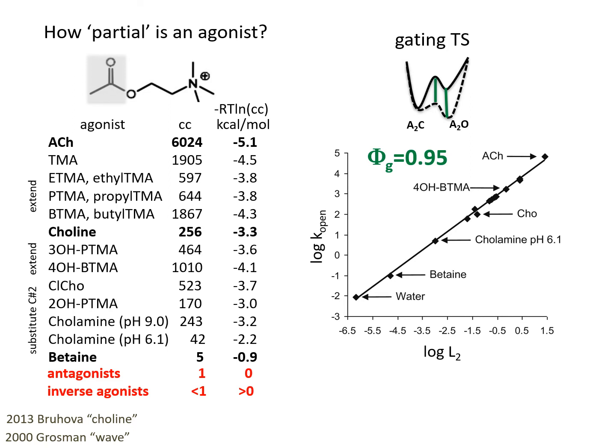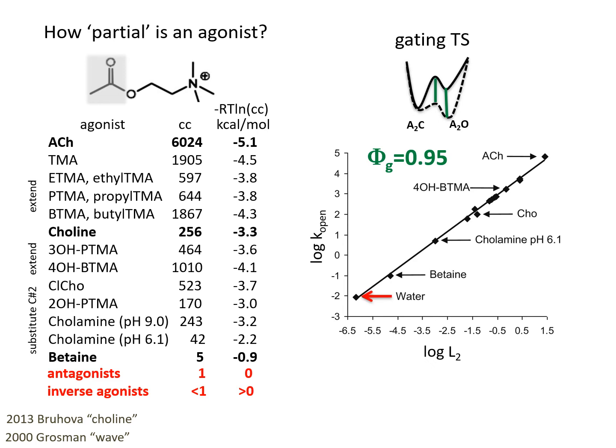And you can see here that the change in the log opening rate was equal to that of the change in the gating equilibrium constant almost completely. So those two bars have the same height, which means that the transition state is stabilized to the same extent as the open state. So all these agonists fall on that same correlation plot.